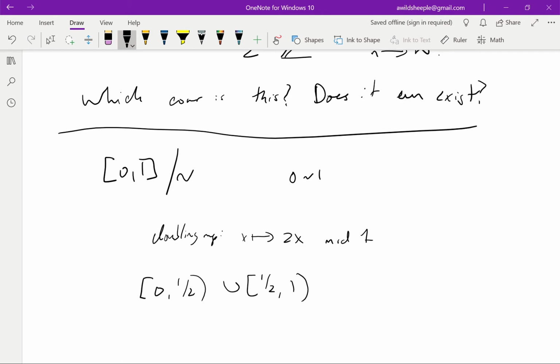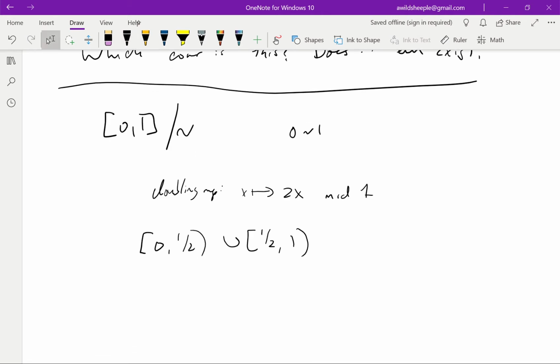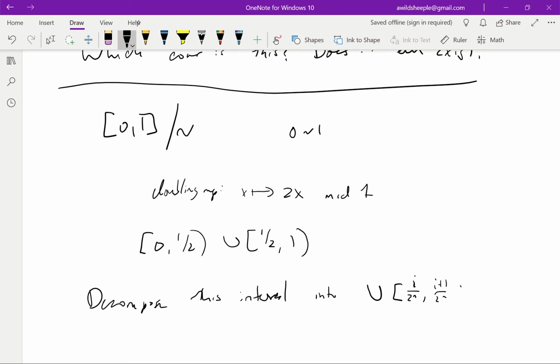And when I do this again, the same sort of bisection happens. If I look at the next stage, I'm interested in the intervals from 0 to 1/4, and so on. What ends up happening is I decompose this interval into 2^n pieces, each that looks like i over 2^n to i plus 1 over 2^n, and i ranges over all the possible values that it needs to be to make this work.